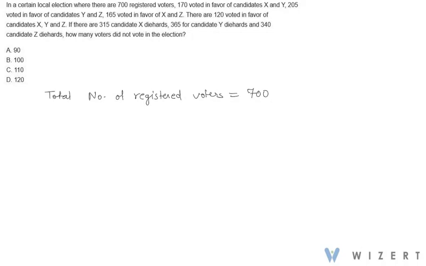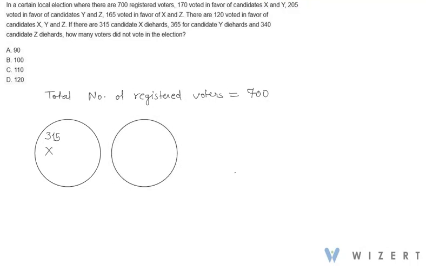Let's try to represent this in a Venn diagram. So this circle represents 315 X diehards, the entire circle. This entire circle represents 365 Y diehards.